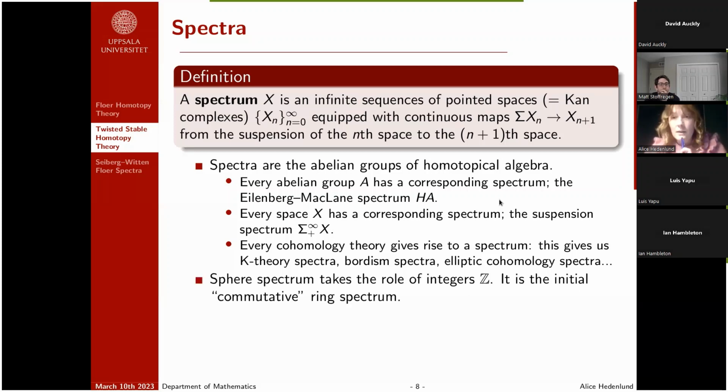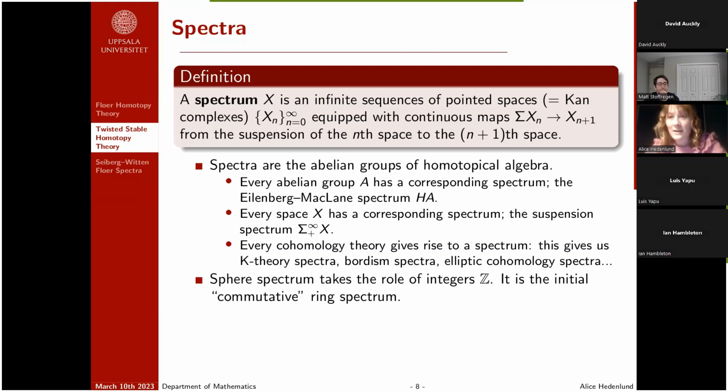Right, so another common phrase that people use when they try to describe what homotopical algebra is, they tend to say things like, oh, it's like doing algebra but over a deeper base.